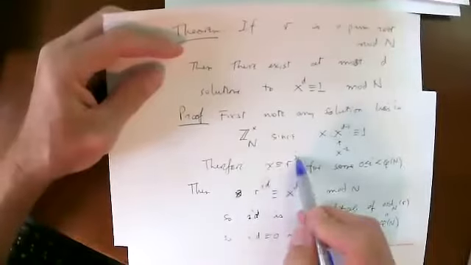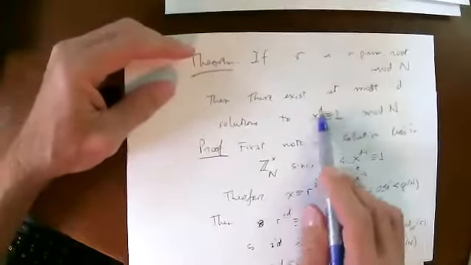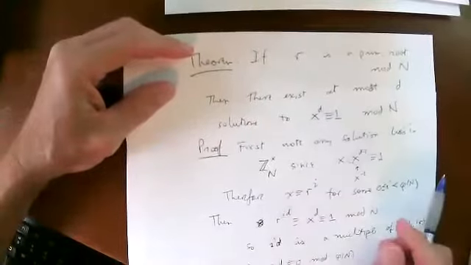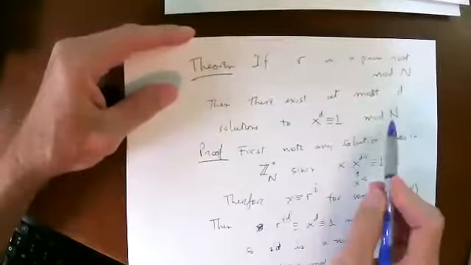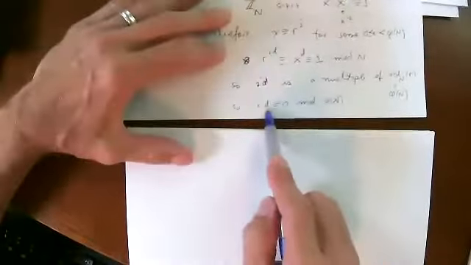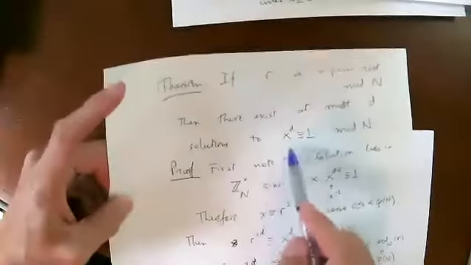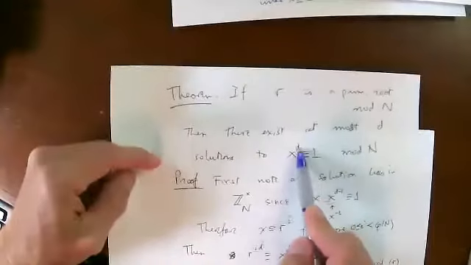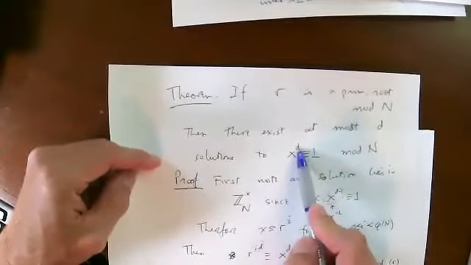If i is 0, that would mean x is the identity element, and that's the one obvious solution to such an equation. In fact, that's the only solution when d is co-prime to phi of n. But in general, there's some common divisors between d and phi of n. In fact, there's really not any point in studying such an equation unless d happens to be a divisor of phi of n. But I'll run with it for any integer d.